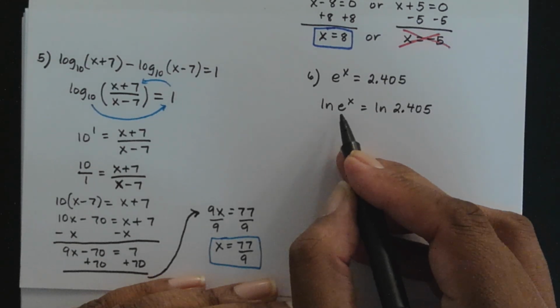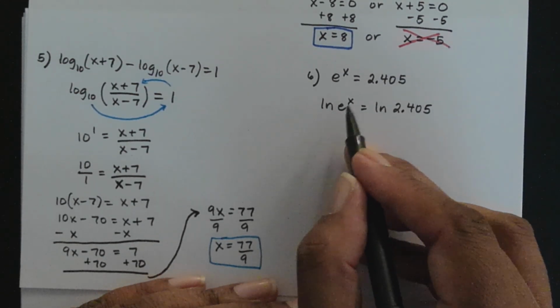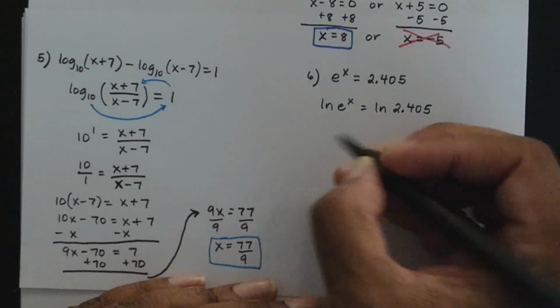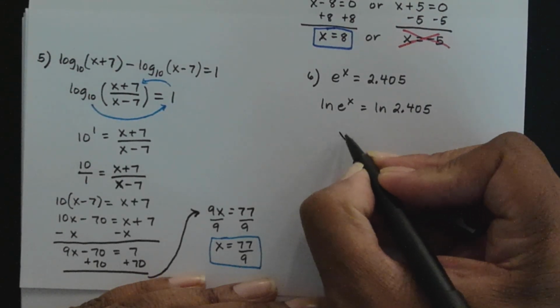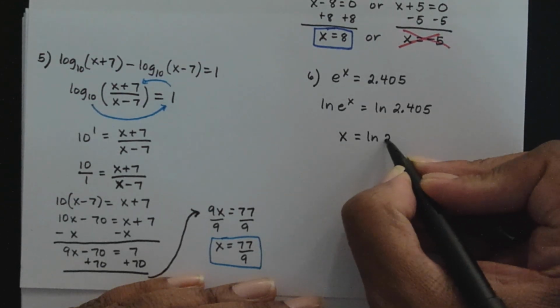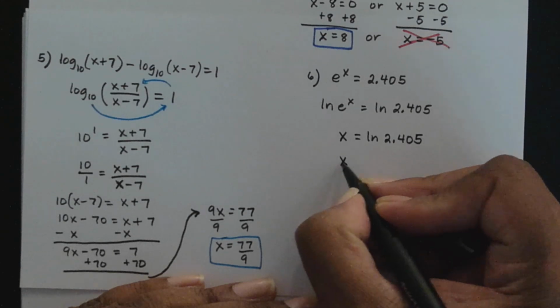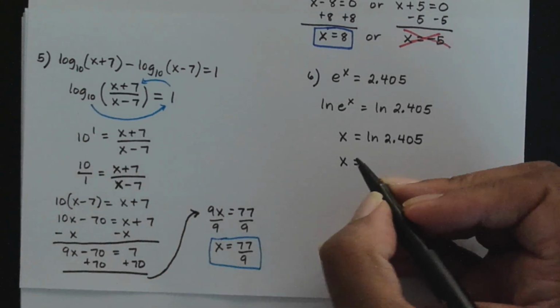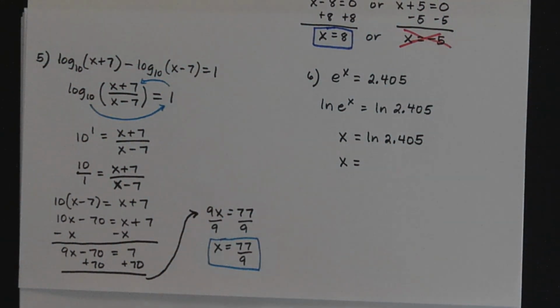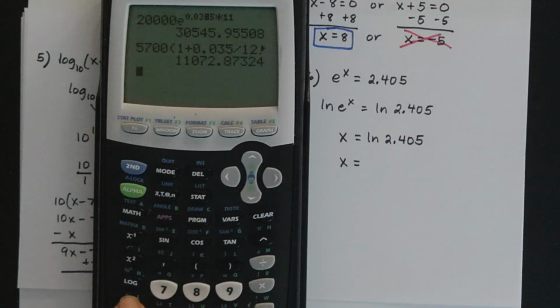And I also know this. If I have ln of e to whatever this exponent is, it's going to end up being that exponent. So ln of e to the x is x. And that's equal to ln of 2.405. And then for the 4 decimal places, using the calculator, ln 2.405.